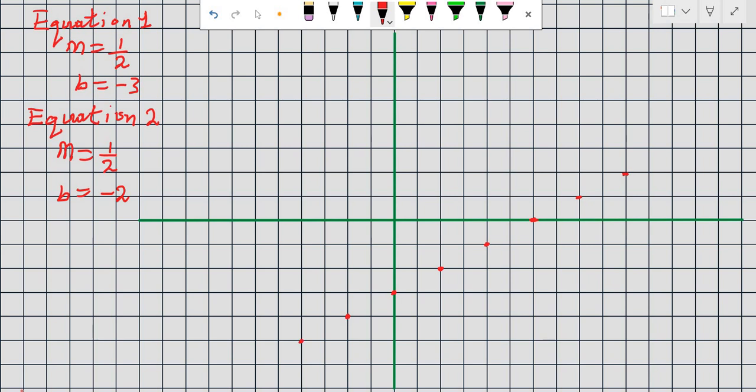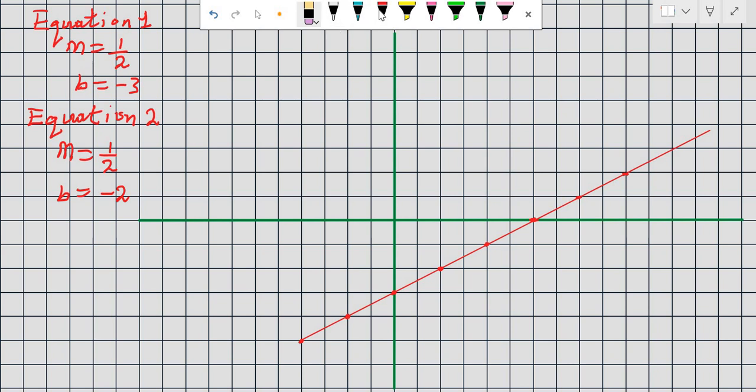So we can plot this graph with these points. Now let's take a straight line and connect all the points. All right, so that is the graph of equation 1.